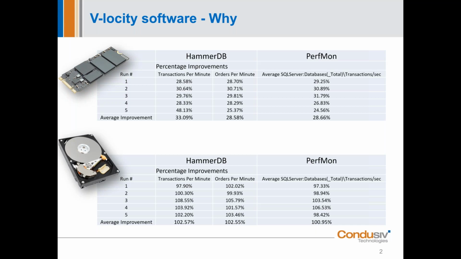And as you can see from the metrics recorded by HammerDB, over SSD storage, there was about a 30% improvement in the number of SQL transactions that could be processed per minute. And this was backed up by Windows Performance Monitor metrics that showed a 28% improvement in transactions per second. When running the tests again using spinning hard drive storage, there was around 100% improvement.